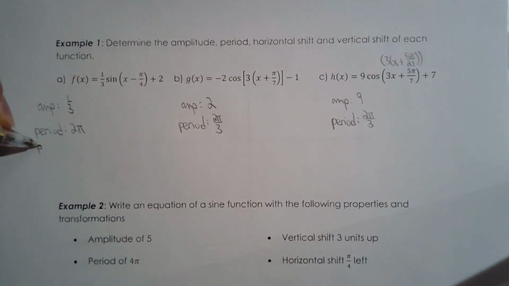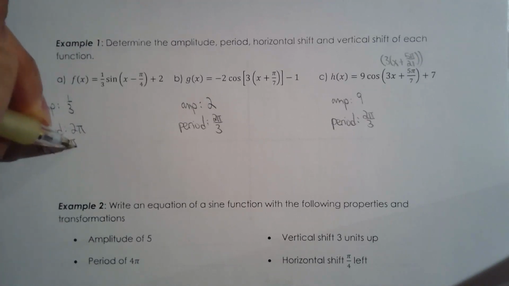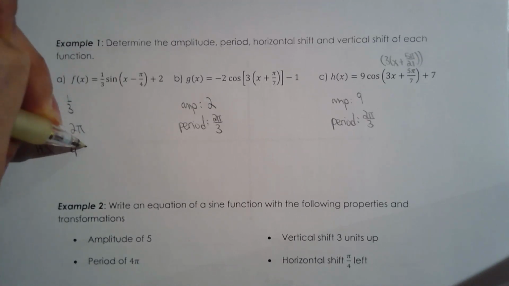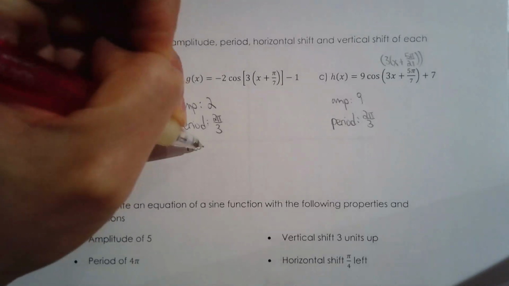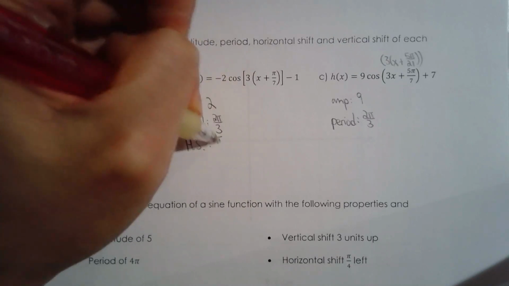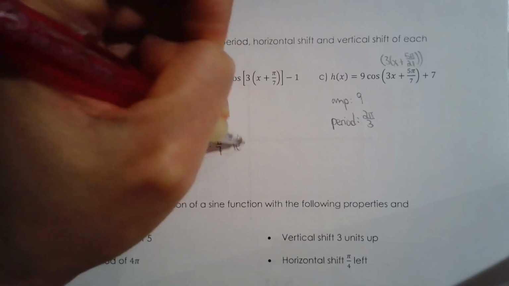Horizontal shift. So this is pi over 4 radians to the right. This is pi over 7 radians to the left. This is 5 pi over 21 to the left.